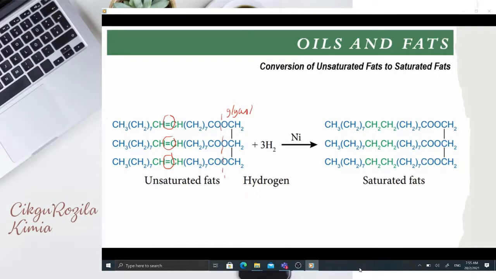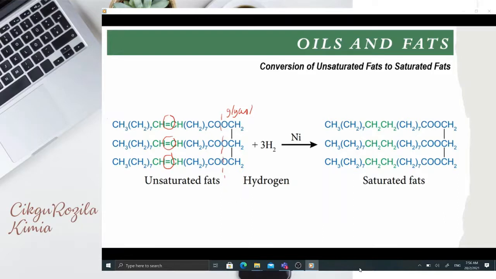Apabila it has combined with 3 fatty acids, it will become fats. Okay, so kalau di dalam fats tu dalam keadaan solid, kita panggil fats. If the fats is in the form of liquid, then dia adalah oils. So dalam kategori ni umumnya dia adalah fats. Okay, so these fats akan undergo hydrogenation.